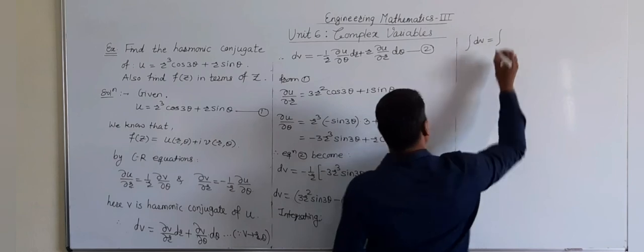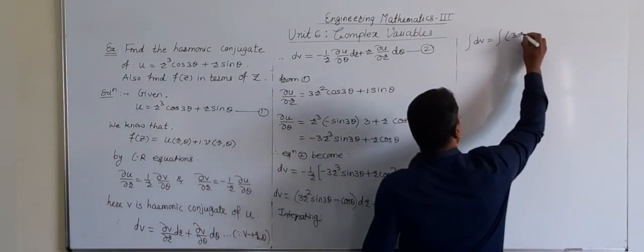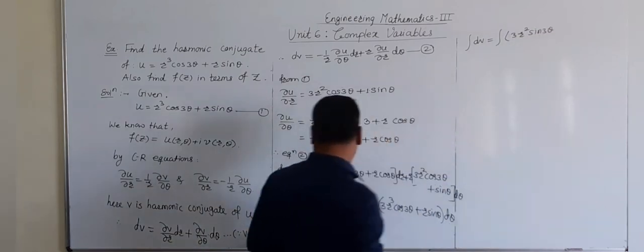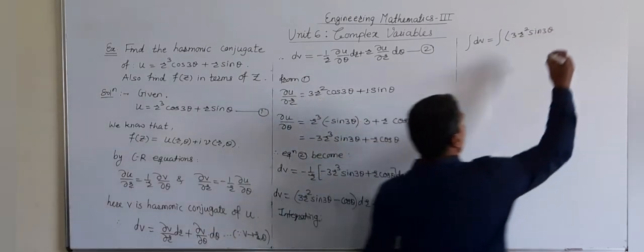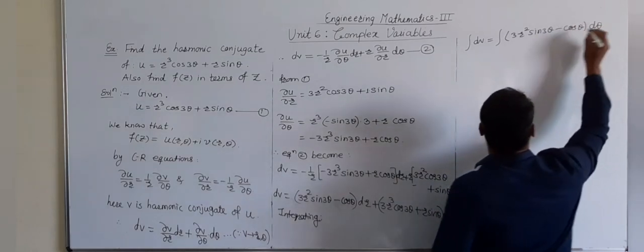is equal to integration of our function, which is 3r square sin 3 theta minus cos theta, bracket complete, d theta.